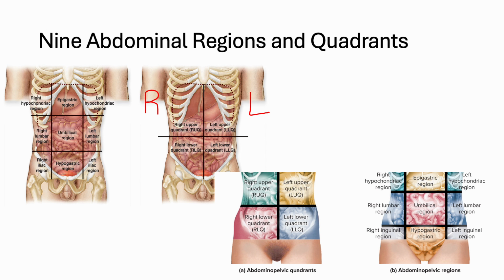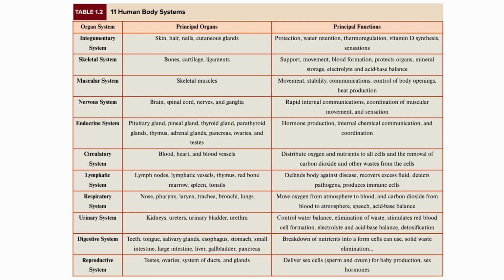All right, we need to know our regions. And then we have 11 human body systems. Each organ, we have 11 organ systems. In the organ systems, they have associated organs, and we need to know the functions of these organ systems.